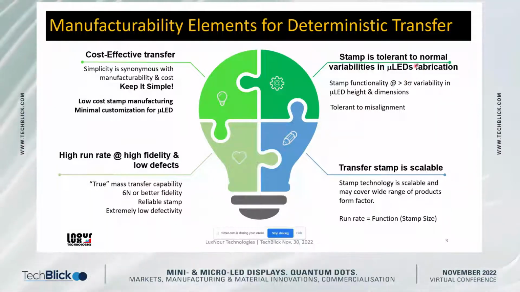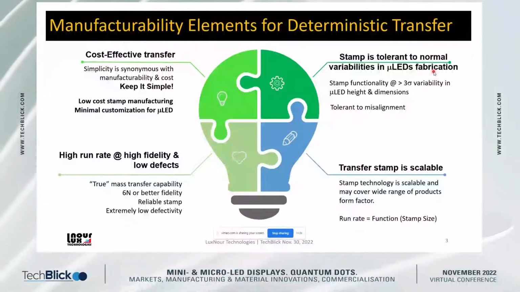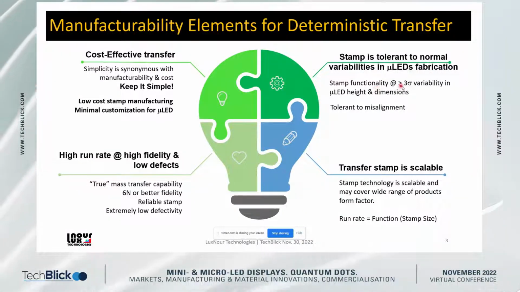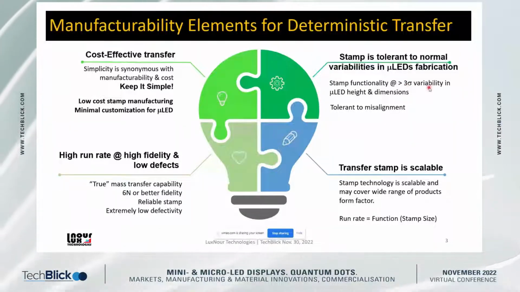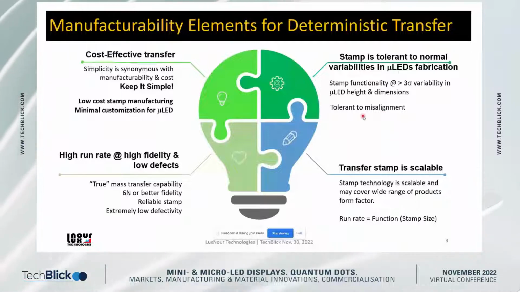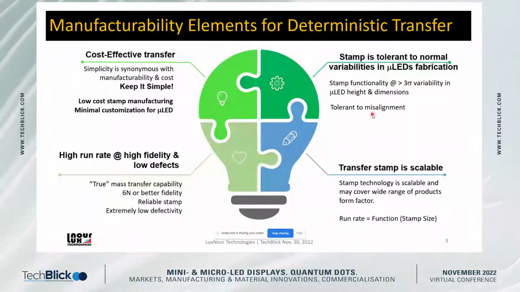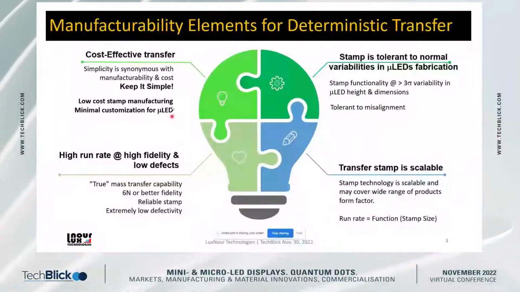Is the stamp tolerant to variabilities in my incoming micro LEDs? I like to have that greater than 3 sigma of the height or the dimension. Is the stamp tolerant to misalignment, for example? Is the stamp scalable? How big, how small? What kind of cost issues are related to this?